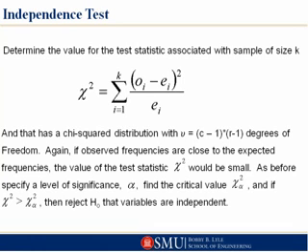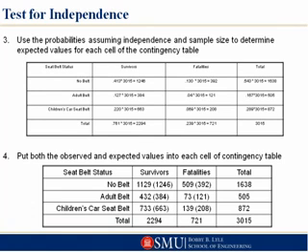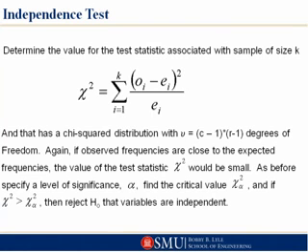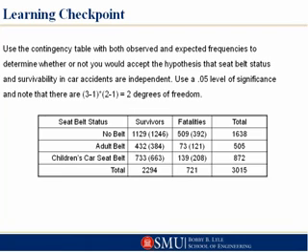Depending on your defined level of significance, you calculate this value across those cells. In this case, we would have six observations, one for each of those cells, and we would add up those differences. Then identify whether that chi-square statistic value is greater than, or within an acceptance region for, the null hypothesis that the two are indeed independent.